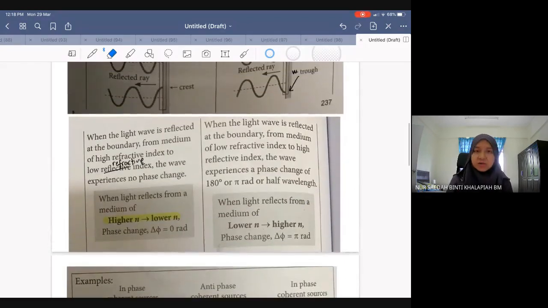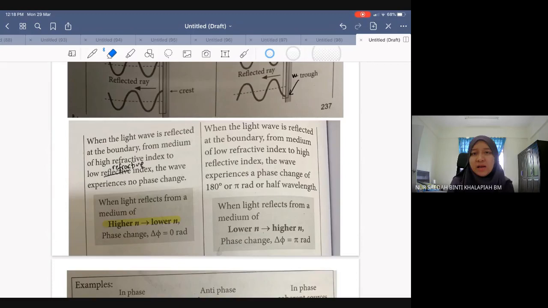As a conclusion, when light reflects from a medium of lower refractive index to a higher refractive index, there is a phase change. How much is the phase change?